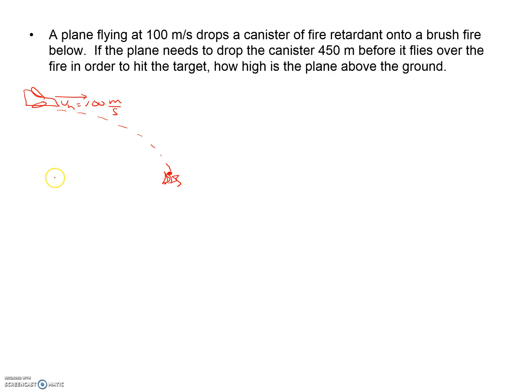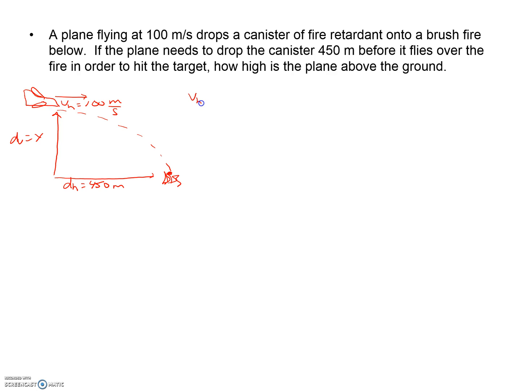We know that our horizontal distance is 450 meters. We're trying to calculate the vertical distance. Okay, so if we think about this, let's just write down our variables that we have.